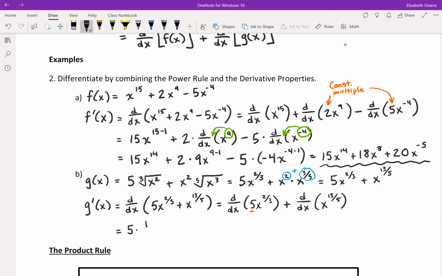So bring the 5 out, d/dx of x to the 2/3. And then here, in the second term, there is no constant multiple. We can just go straight for the power rule. So take that power of 13/5, bring it out front as a coefficient. 13/5, and then x to the 13/5 minus 1. Got to work some fractions here.